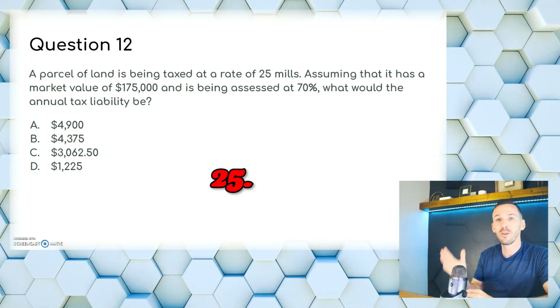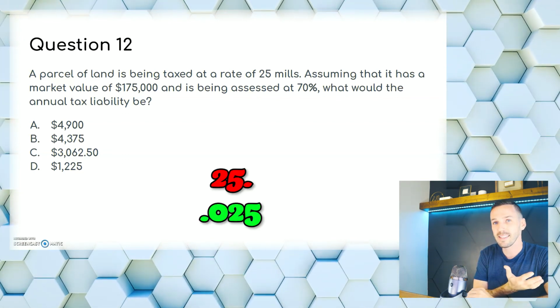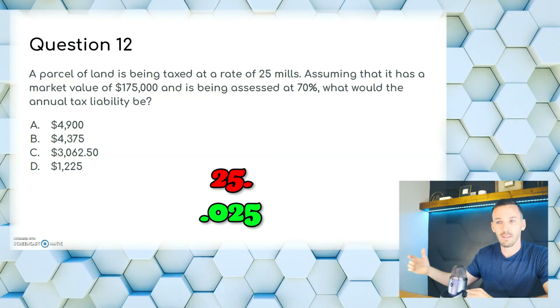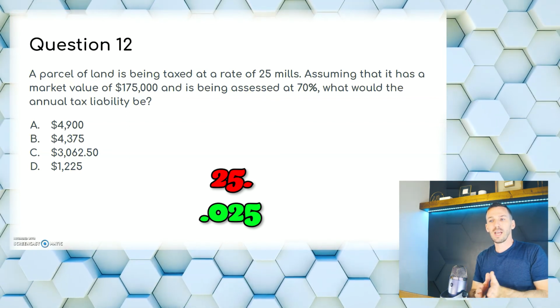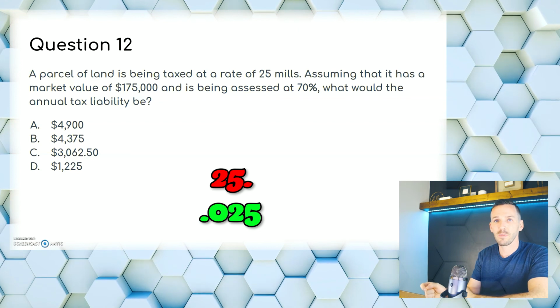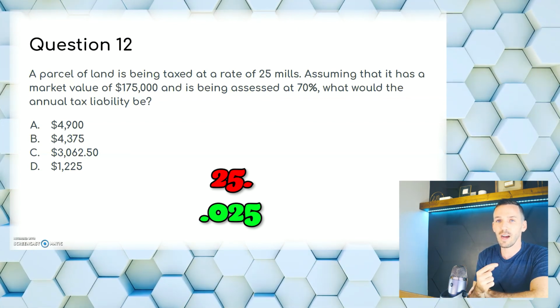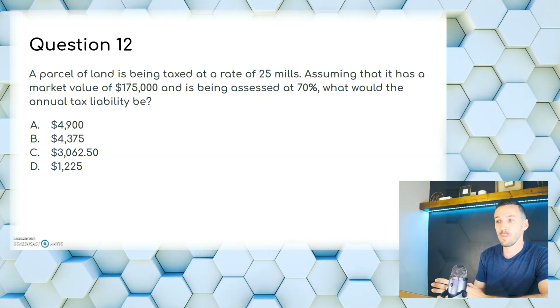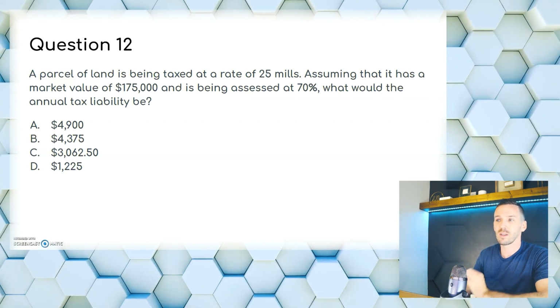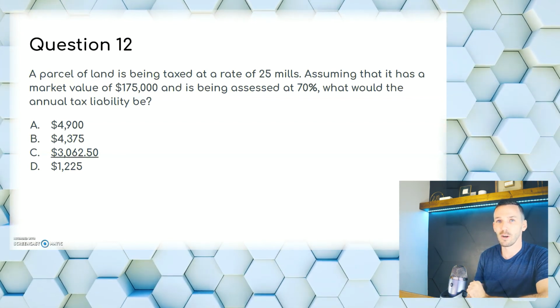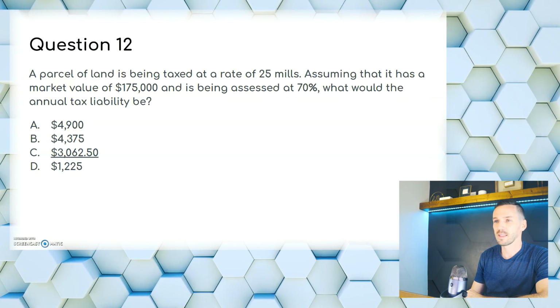With mils, you move the decimal over 3 places. That's 0.025. So the $122,500 of assessed value times the 0.025, the mils, is $3,062.50 of taxes per year. Answer is C. Cool. See, that was pretty quick.